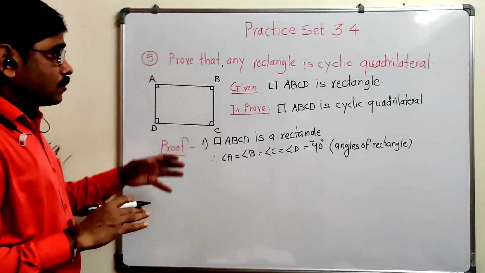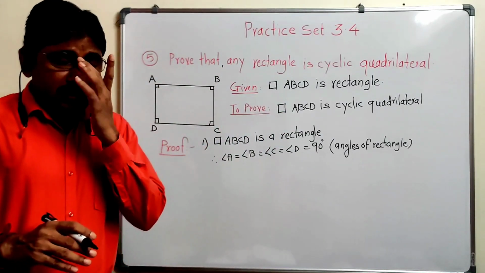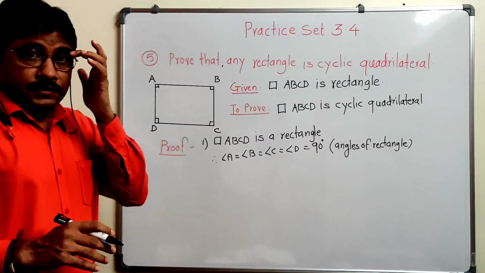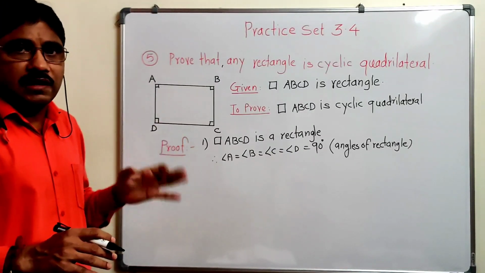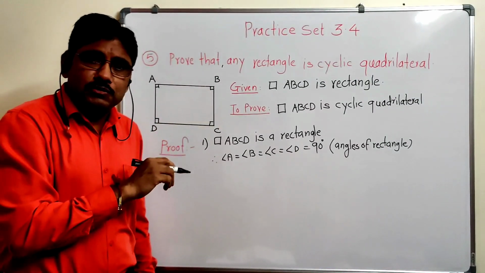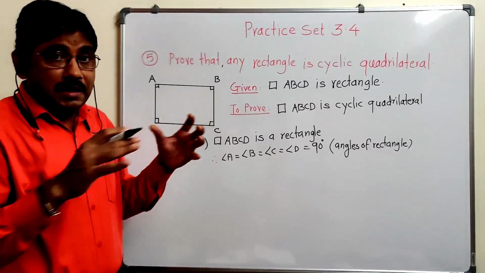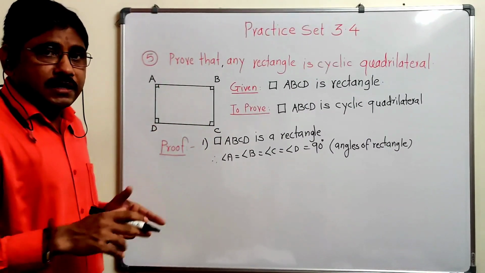Now you know, whenever we have to prove the quadrilateral is cyclic, then we have to use the converse of the cyclic quadrilateral theorem. What is that converse? If one pair of opposite angles is supplementary, means their sum is 180, then the quadrilateral becomes cyclic.